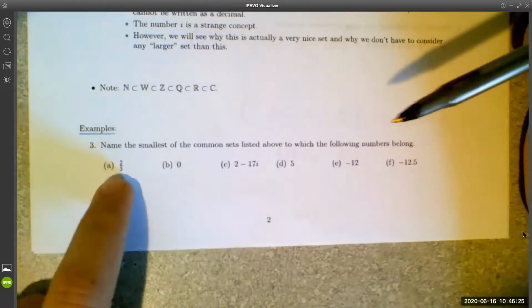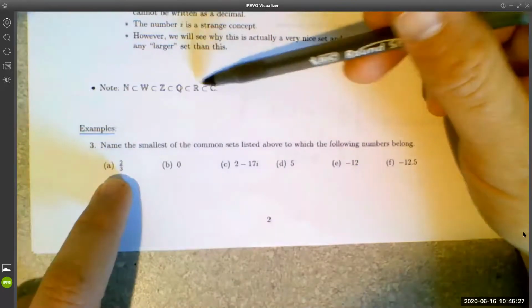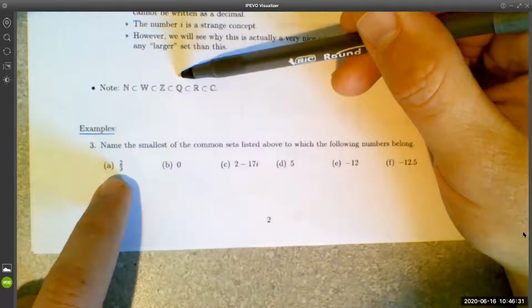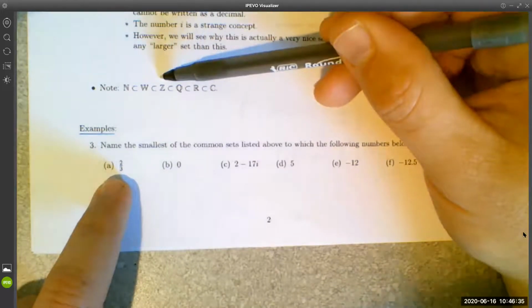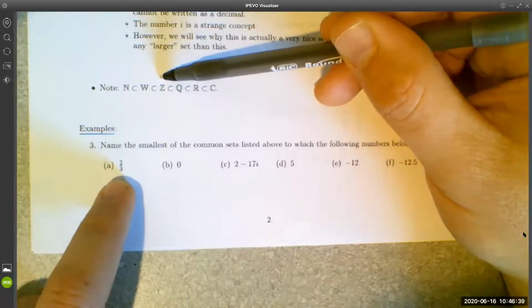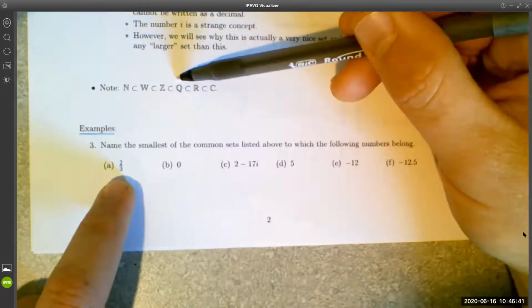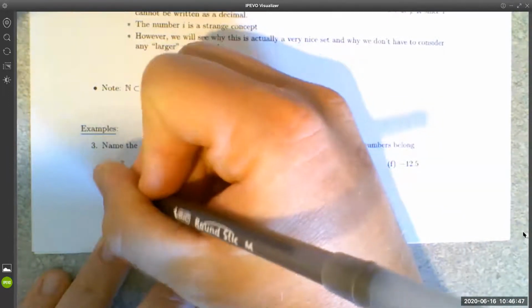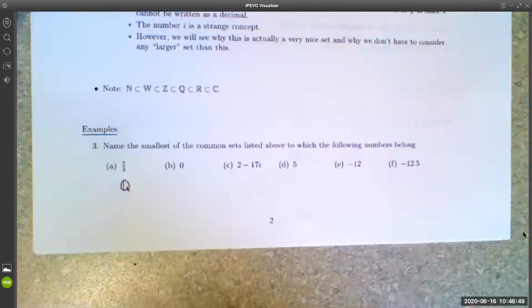So 2/3, for example, is a complex number, but it's also a real number. Is it a rational number? Well, yeah, because it can be written as a fraction. Is it an integer? No, it's not a whole number. So Q, the rationals, is the smallest set to which 2/3 belongs.